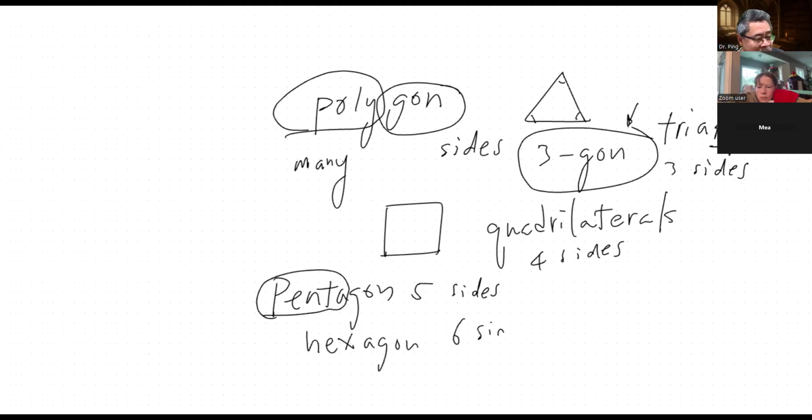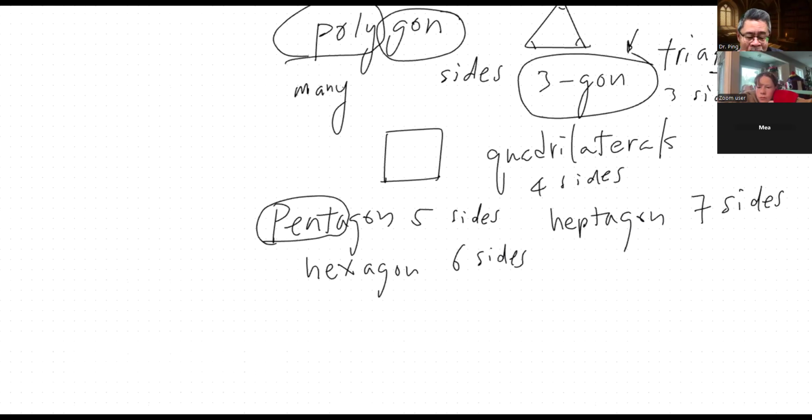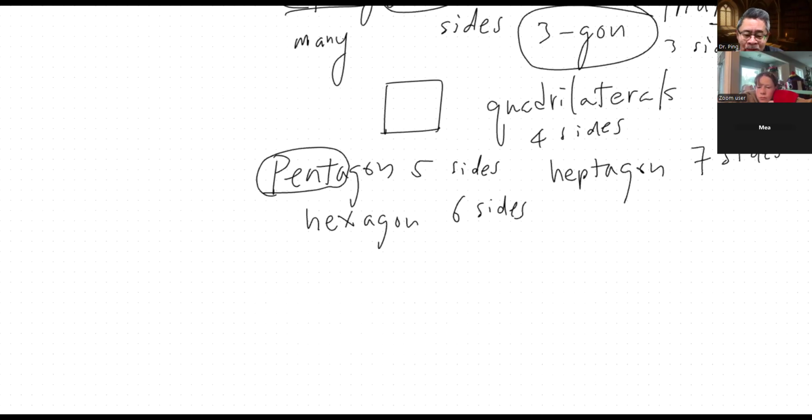Then we got heptagon. Heptagon is seven sides. Of course, we can get more than that. Normally, once we get to about 12, that's where we stop. You can keep going, but normally we just stop there.